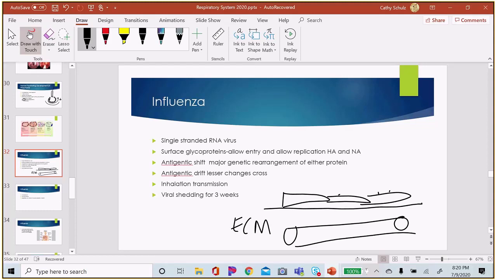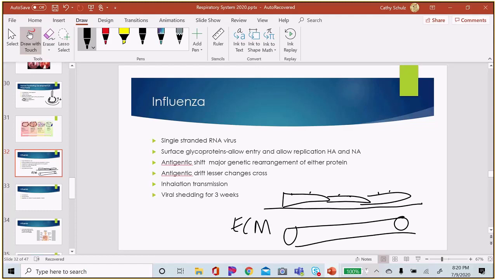Every single cell has surface markers on it. That's how our cells recognize each other, but that's also how other cells can attach. So one of the ways that innate immunity works is that foreign material should not be able to attach to our cells because we have different types, different shaped receptors.